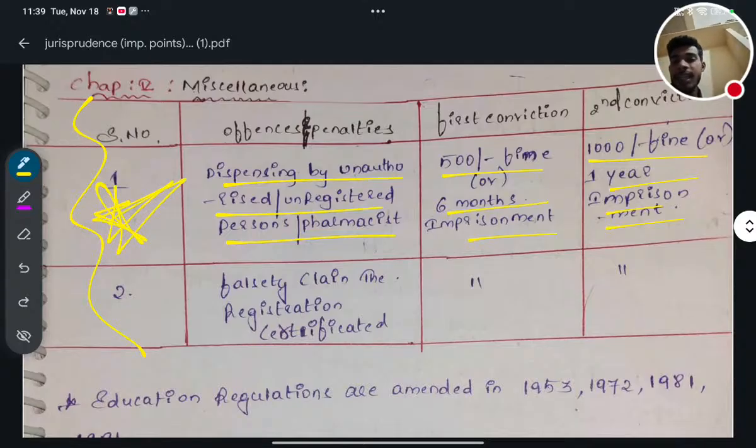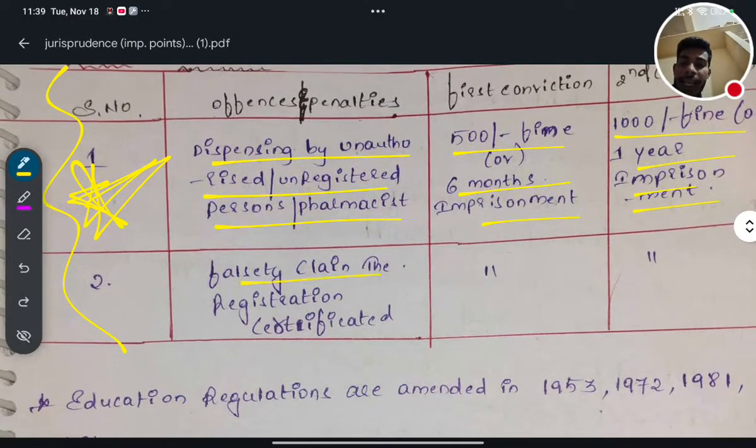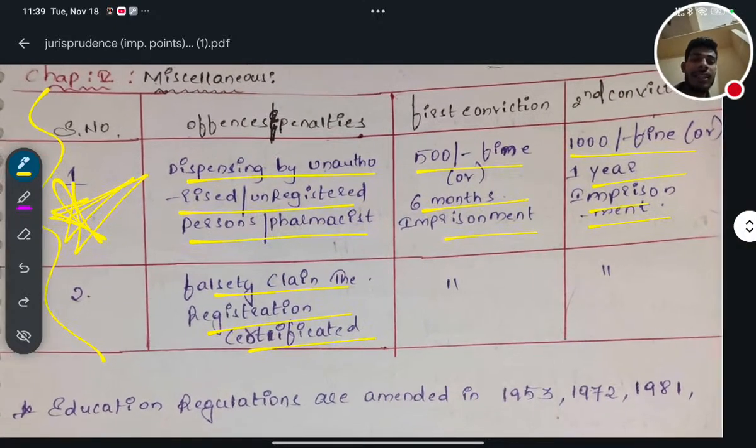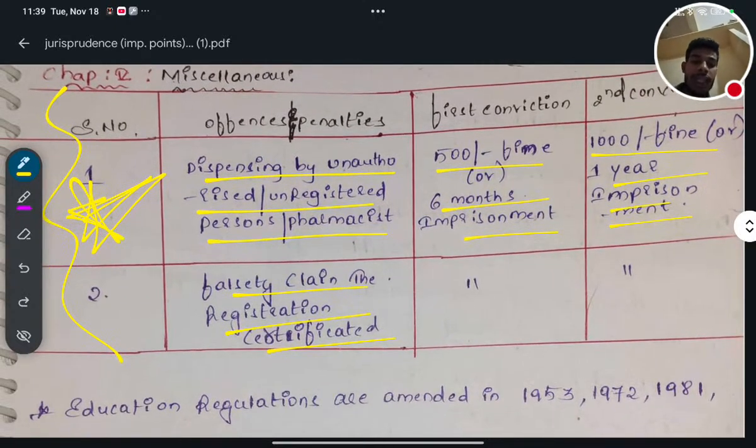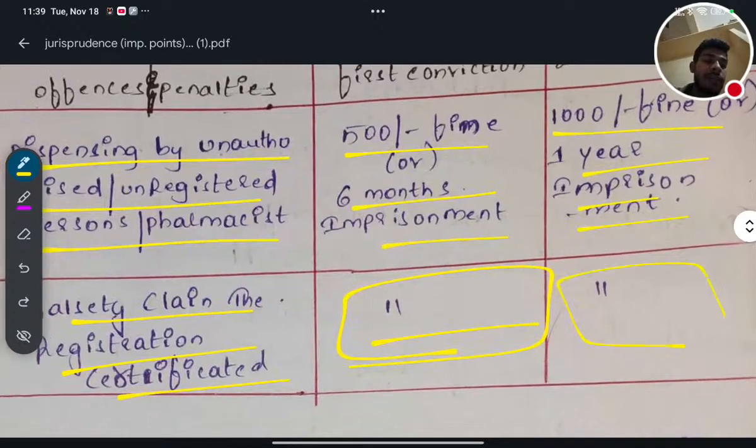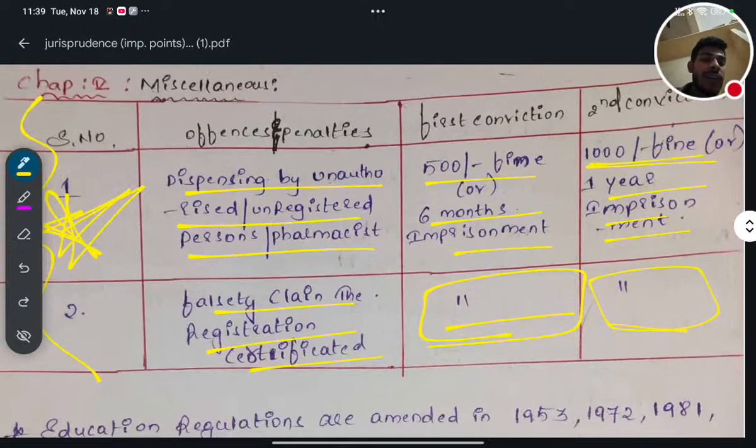In the other second case, if a person falsely claims registration or a certificate and dispenses drugs or runs his shop, then in the case of the first conviction, he will have a 500 fine along with 6 months of imprisonment. In the case of the second conviction, he will have a 1000 rupees fine and 1 year of imprisonment, 'and' not 'or'.